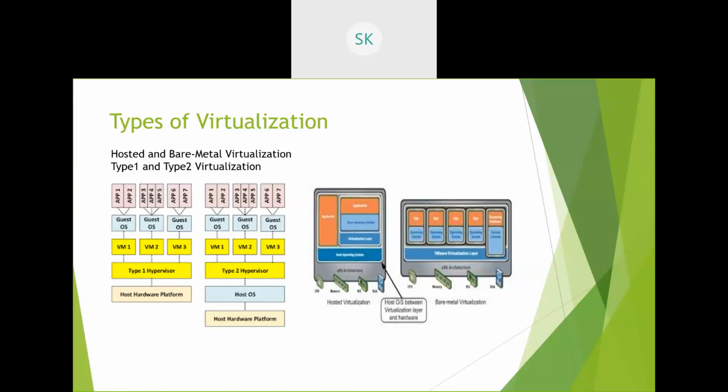For types of virtualization, there are 2 types: hosted architecture or bare metal architecture. Sometimes they call it type 1, type 2 architecture, or type 1 virtualization, type 2 virtualization. Hope you understand the types of virtualization, only 2 types.